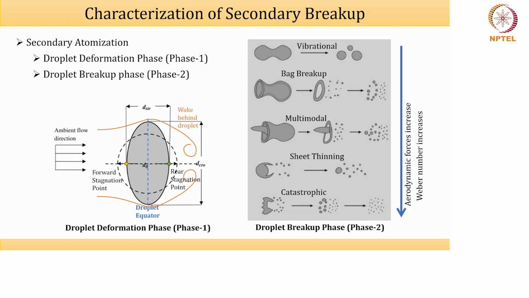So what happens is that if there is a flow, the droplet from being a sphere will become an oblate, ellipsoidal shape in this direction. Naturally, what it will do is create a substantial wake, as you can see over there. There's a wake part near the rear stagnation point.